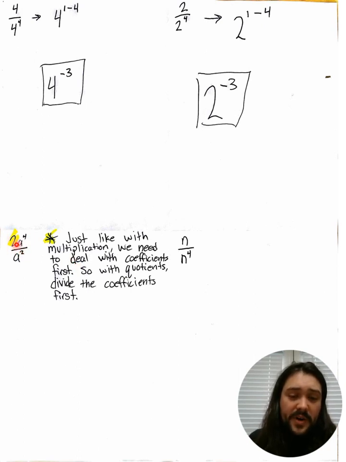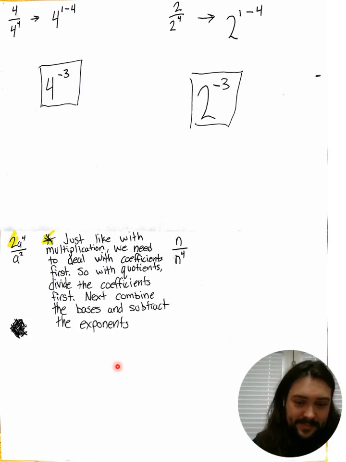So we need to deal with that first. In multiplication, we multiplied the coefficients. In division, or the quotient, we're going to divide the coefficients first. So with quotients, we are going to divide the coefficients. Okay, so we'll divide. Now this one, there's only one coefficient, so our division's not very fun. It's not very exciting.